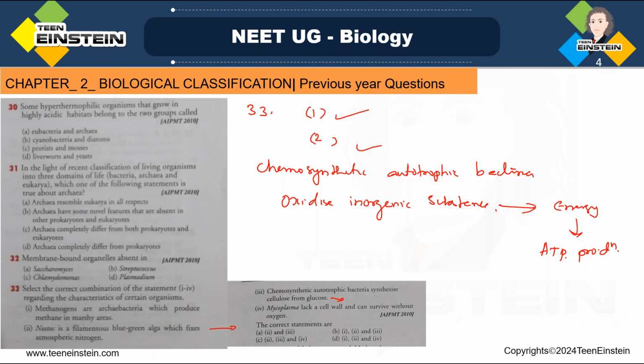And they play a great role in recycling nutrients like phosphorus, iron, and so on. Which ones? Chemosynthetic autotrophic bacteria.